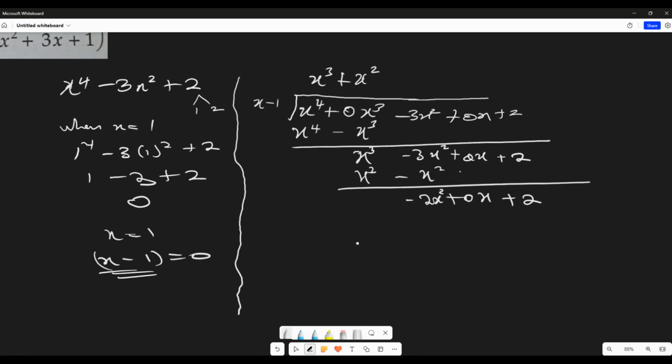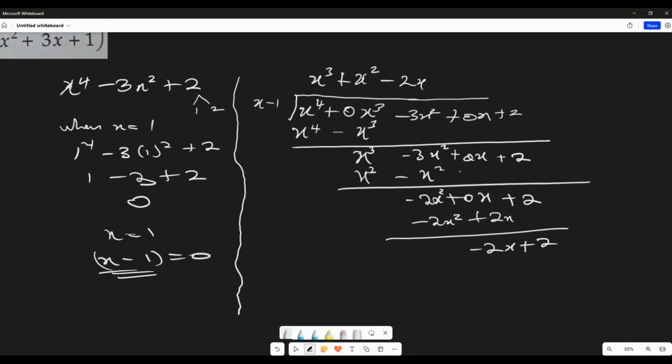x goes here, minus 2x times. Then we multiply back. We are going to get minus 2x squared, and this time this will give us plus 2x. Then we subtract again. We have 2. 0 minus minus 2 gives us minus 2x, and this minus this will drop.